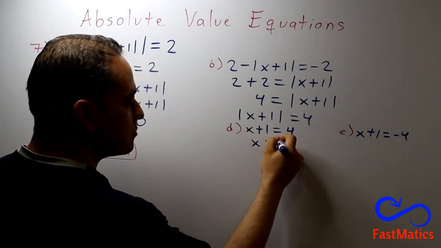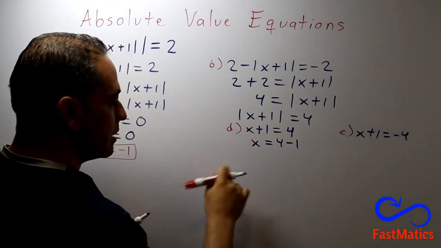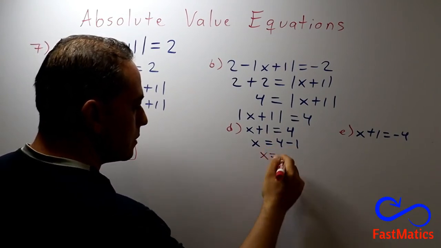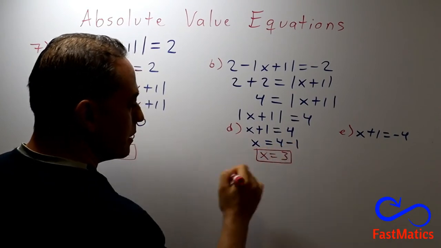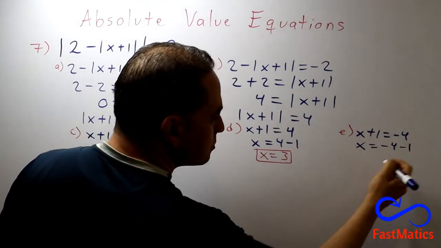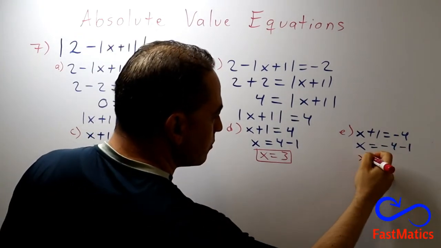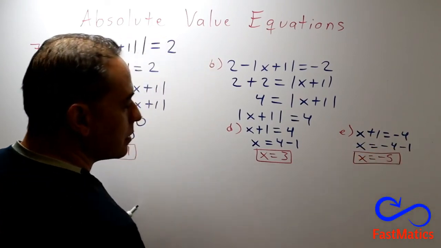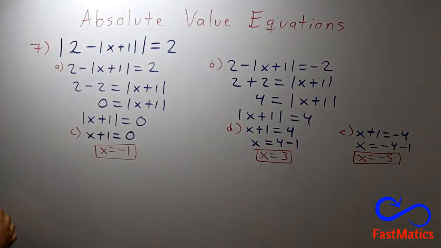X will be equal to 4 minus 1. X will be equal to 3. And here, x will be equal to negative 4 minus 1. X will be equal to negative 5. And that's it. I must verify.